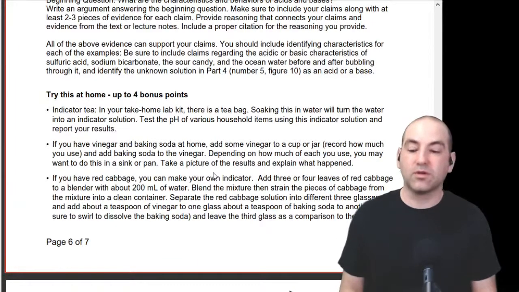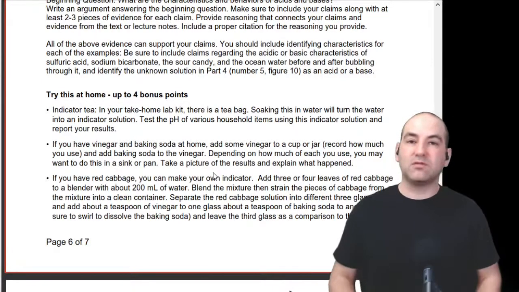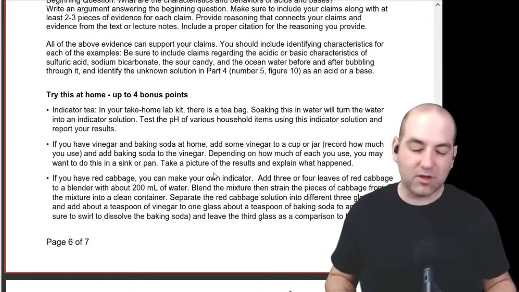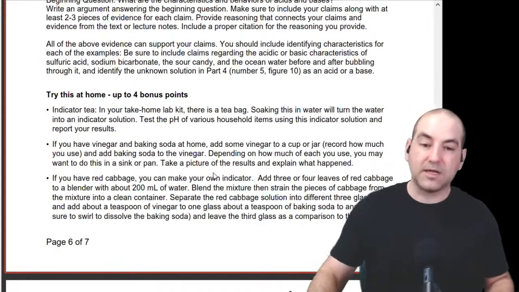So you've got to be careful with those home cleaning chemicals, even though you can just buy them. You don't need some special chemical license to have those things. They can still be really hazardous.